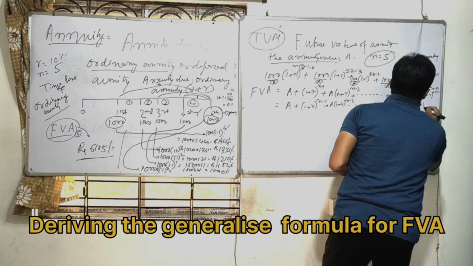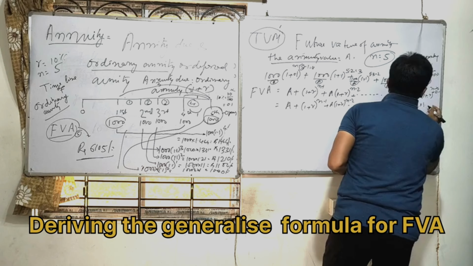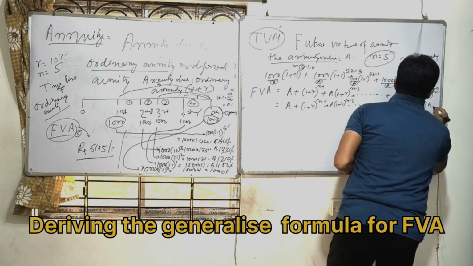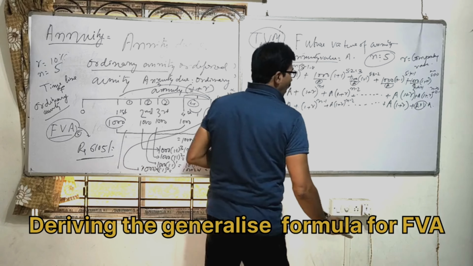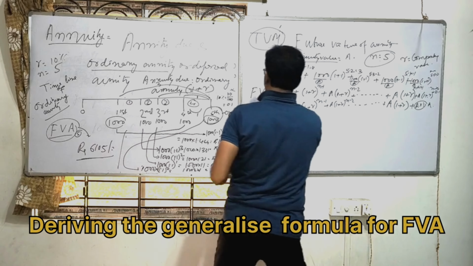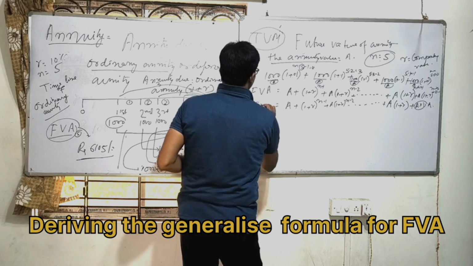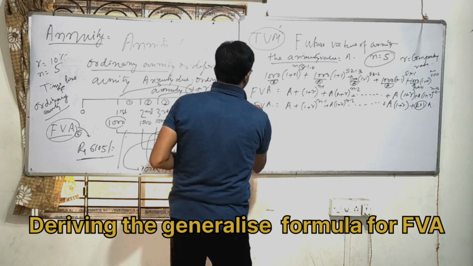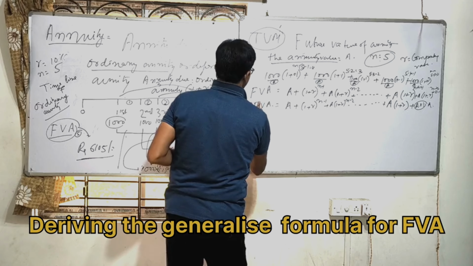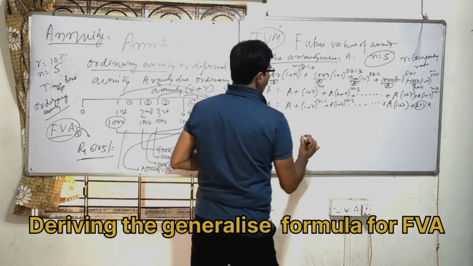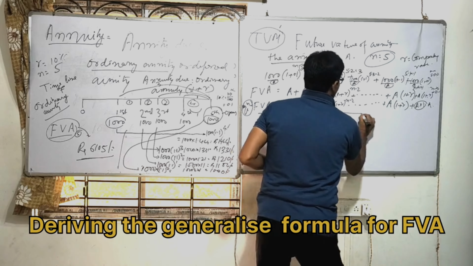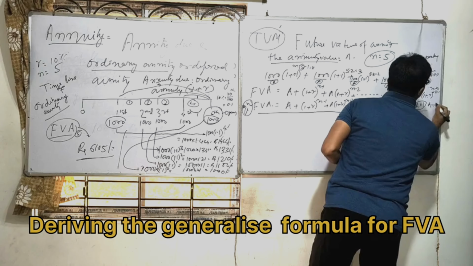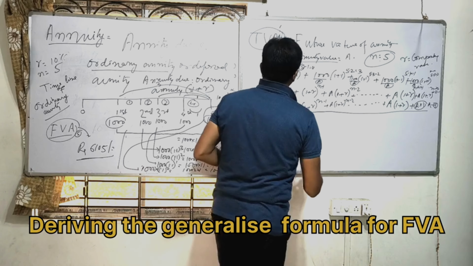Anything to the power 0 is equal to 1, so we can consider this one as a. So this is the generalized formula, equation 1. This is the equation for future value of annuity. You remember this one, equation 1.